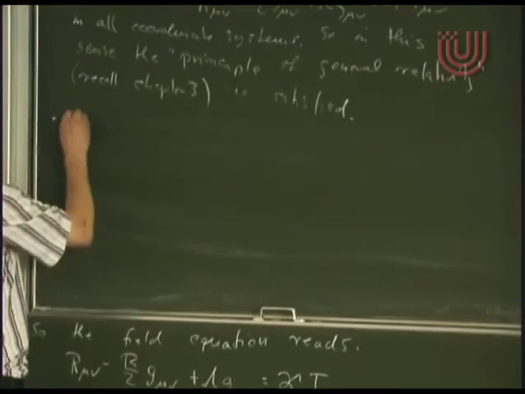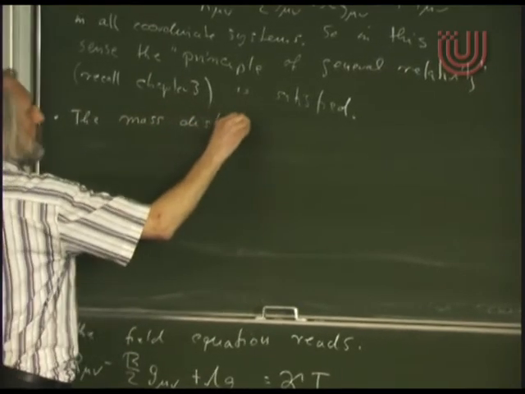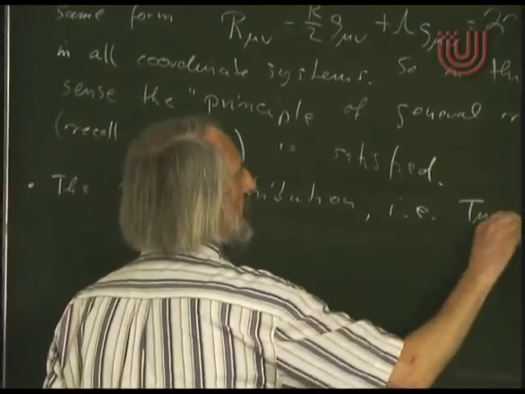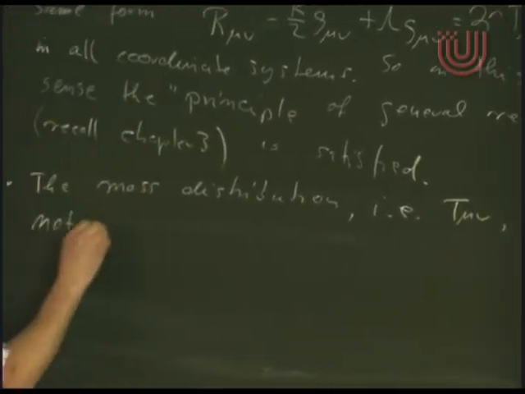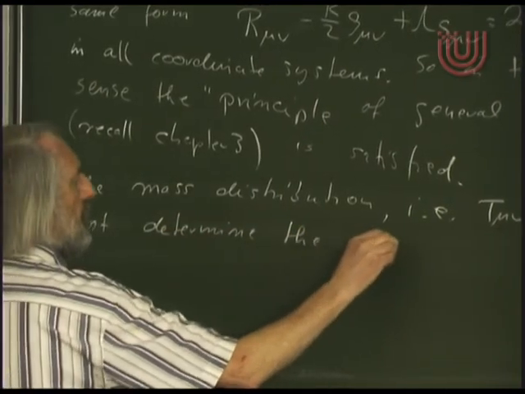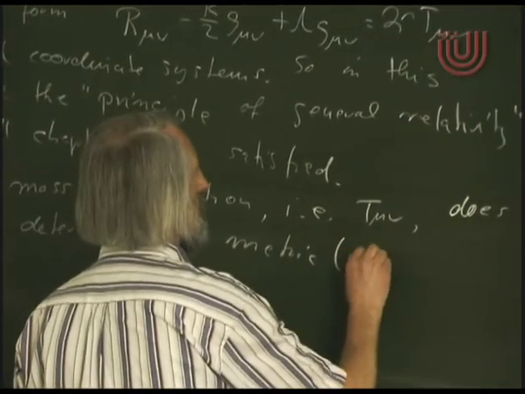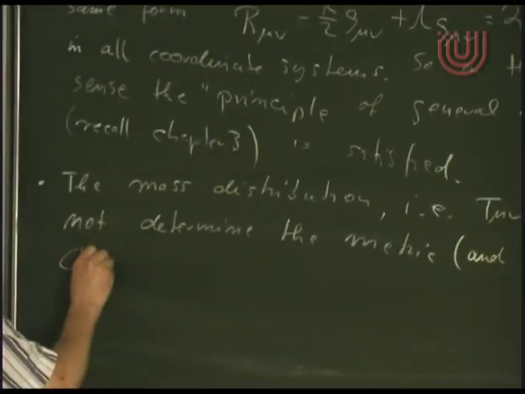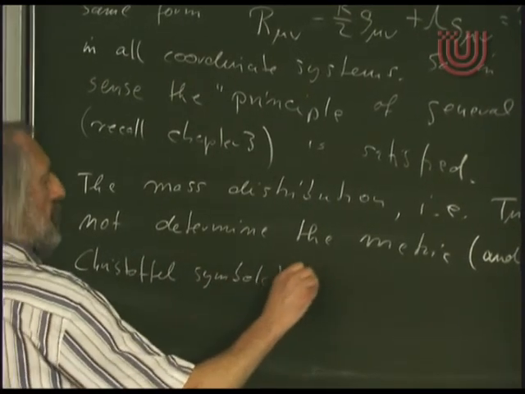So let me write this down. The mass distribution, and this means the energy momentum tensor, right, does not determine the metric and thus the Christoffel symbols uniquely.